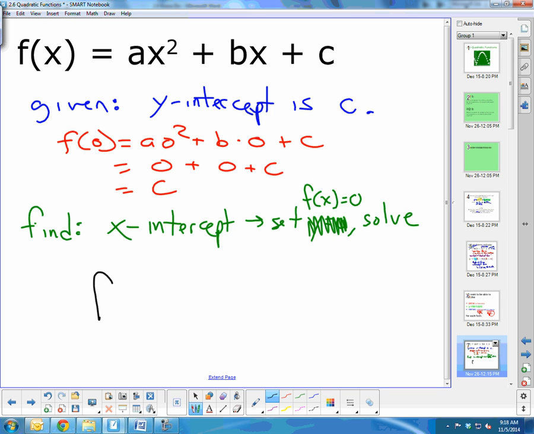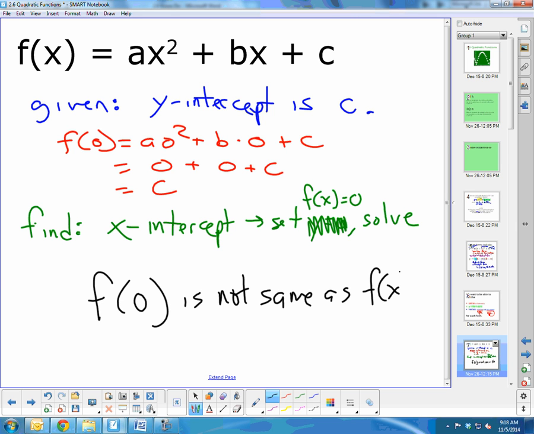Remember that f of 0 is not the same as f of x equals 0. The first case is put 0 in for x. The second case is what x do I need to get out of 0? So just a little notation there. Pay attention to the details.